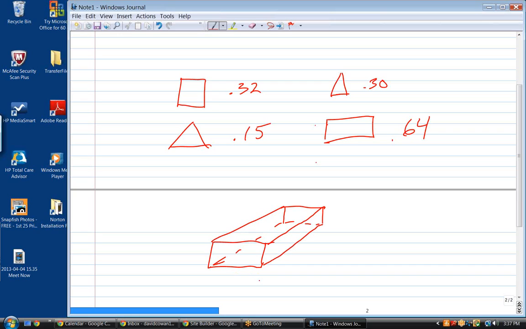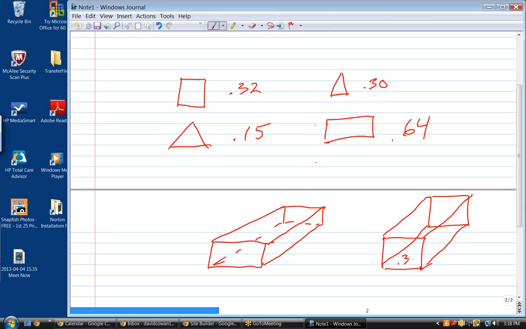Why don't you give me the dimensions? So it's 2 squares, so it's really kind of like this. And there are no dimensions. Okay. I think I know what you're looking for. So the surface area would be 2 times 32 cents, right?